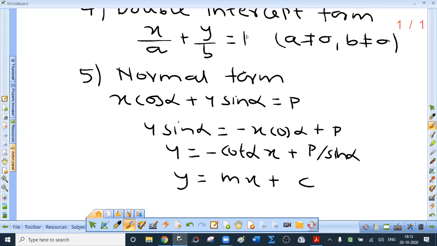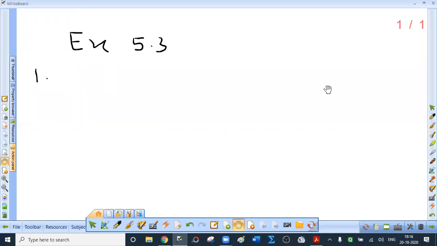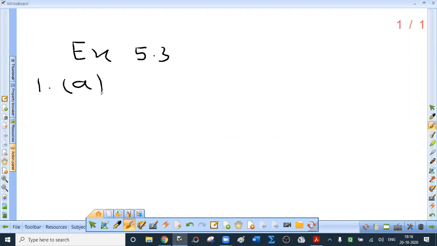Okay, now we start solving sums. Exercise 5.3, which is given on page 114. Exercise 5.3, first sum. Write the equation of the line, first part, parallel to the x-axis and at a distance of 5 units from it and above it.